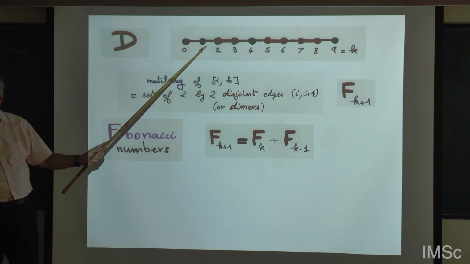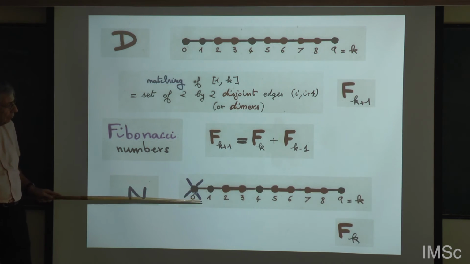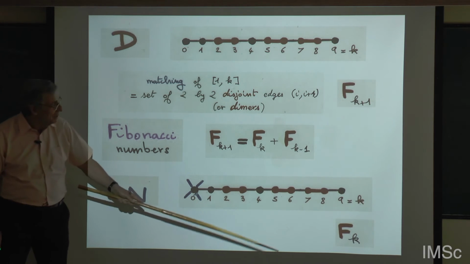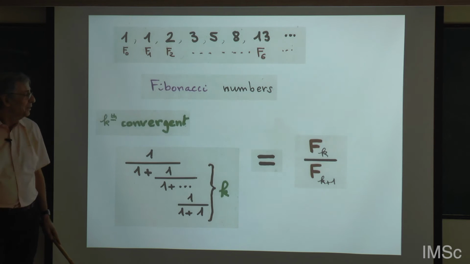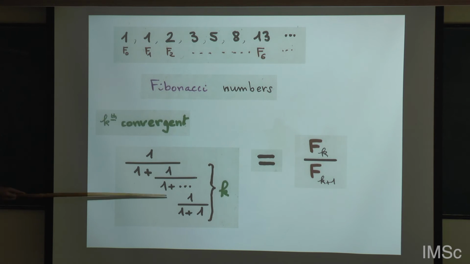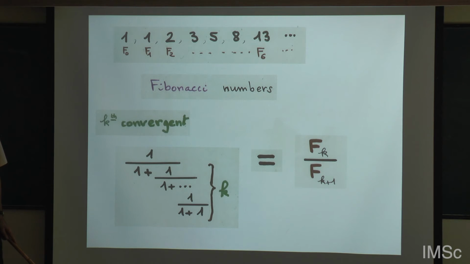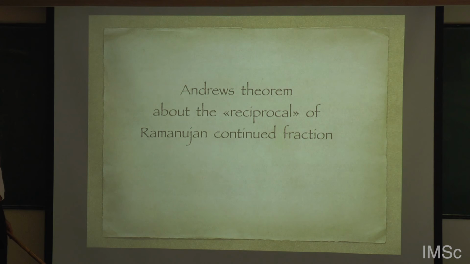So the number of such matchings is the Fibonacci numbers. And the numerator is, again, you avoid this. So it's the Fibonacci numbers in this case. The denominator is f_{k+1}, and this is f_k. So the convergent of this Ramanujan continued fraction for q equal 1 is the ratio of two consecutive Fibonacci numbers. I have proved this for q, and then I put q equal 1 to get Fibonacci numbers.